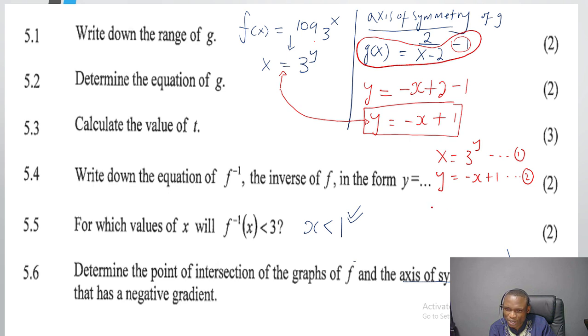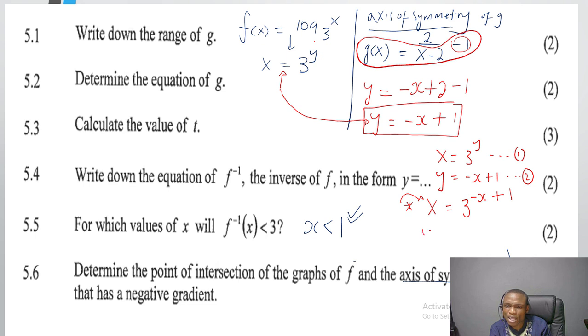So I'm going to have x equals 3, and on equation 1, where there is y, I'm putting negative x plus 1. So x equals 3 to the exponent negative x plus 1, which will not be easy to solve for x here. Okay, so let me do it vice versa. Let me substitute equation 1 on 2.